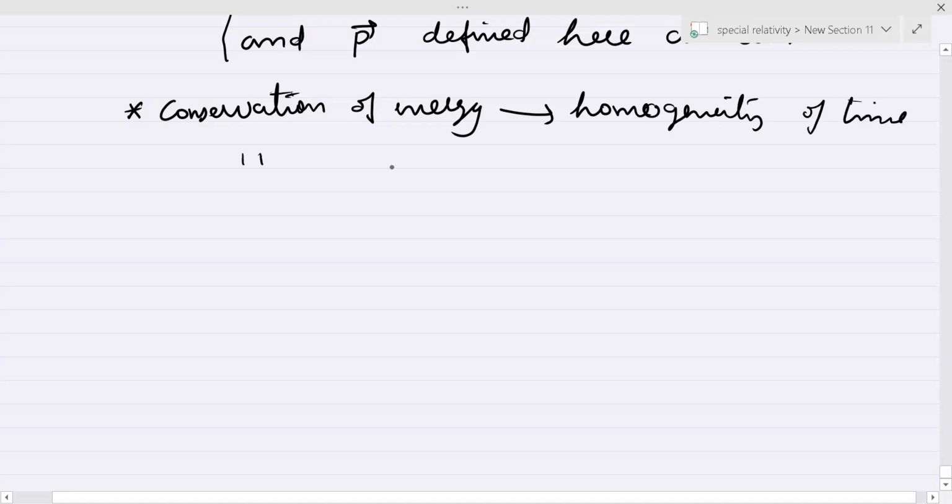And conservation of momentum we have associated with homogeneity in space. It doesn't matter where your system is, here or there, the physics will be the same.